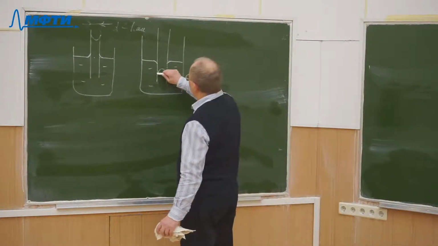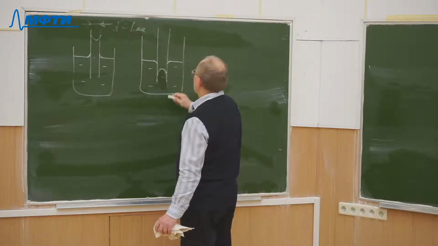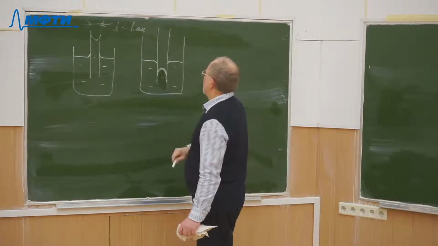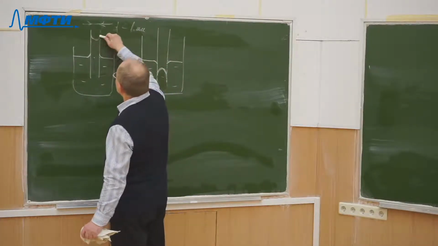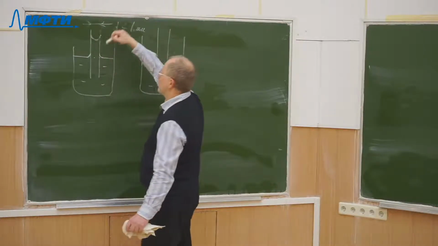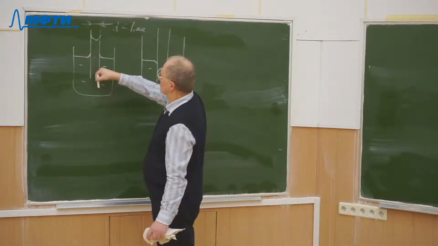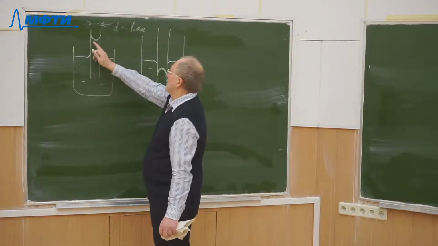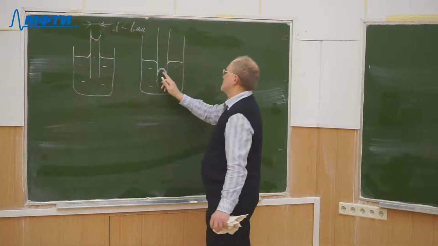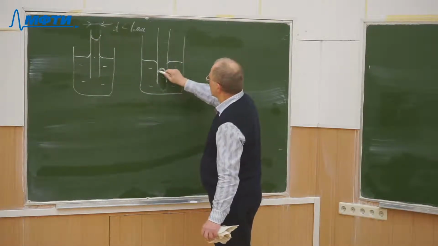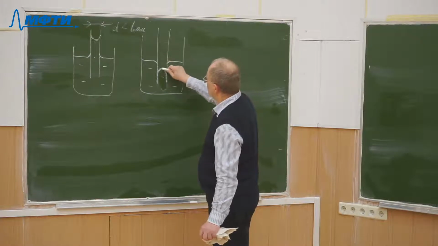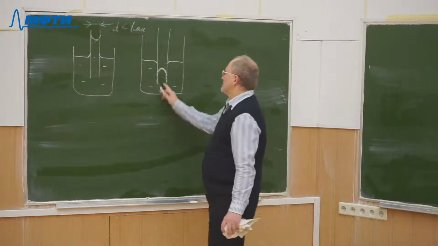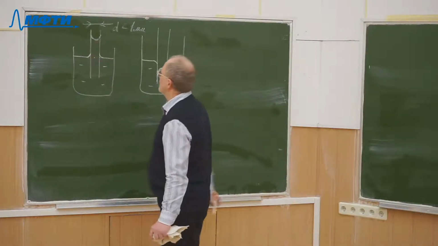In the case of non-wetting, we have a convex surface, and in the case of wetting, we have a concave surface if we look from above, downward, from the atmosphere into the liquid. The surface of liquid in such a small capillary tube is called a meniscus. The meniscus here is convex, and the meniscus here is concave.